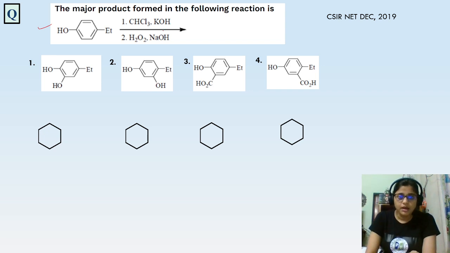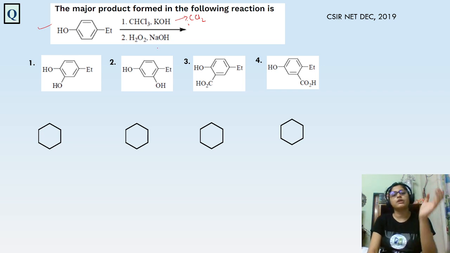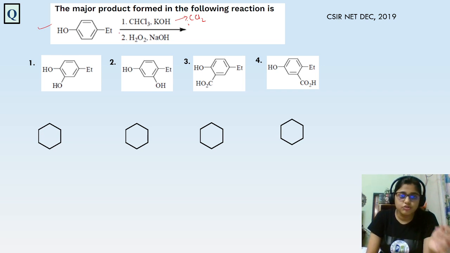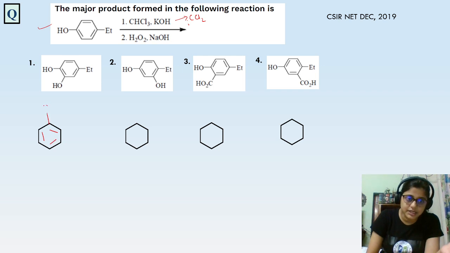CHCl3 and KOH will lead to the formation of the carbene CCl2. So we know that phenol will attack, and this is a Reimer-Tiemann reaction. In the first step, CHO is there in the ortho position, and in the para position Et will be there.